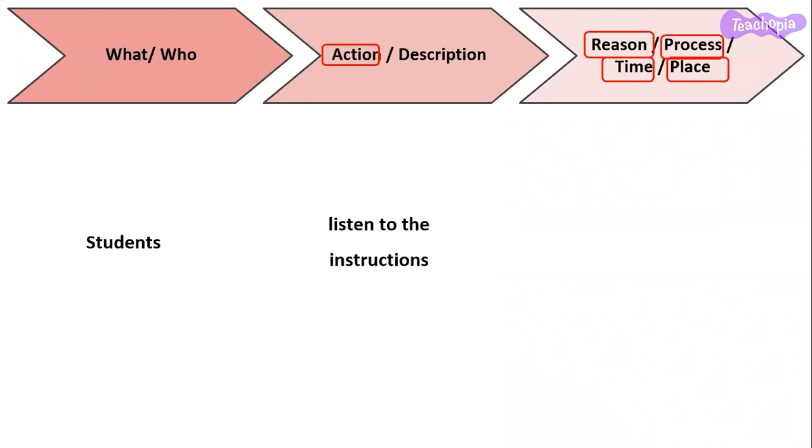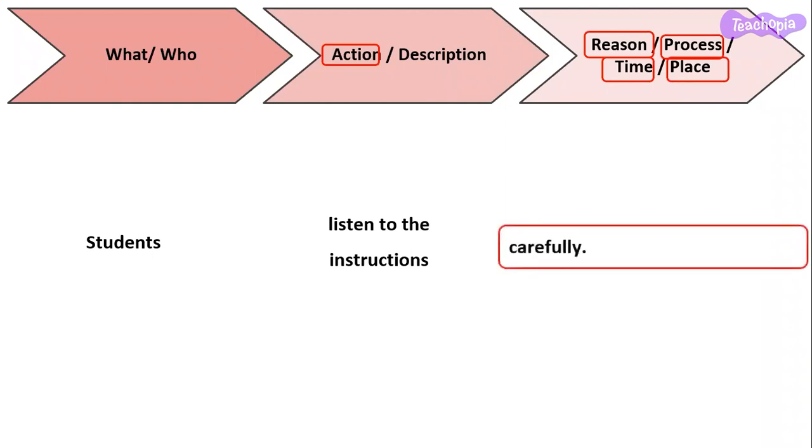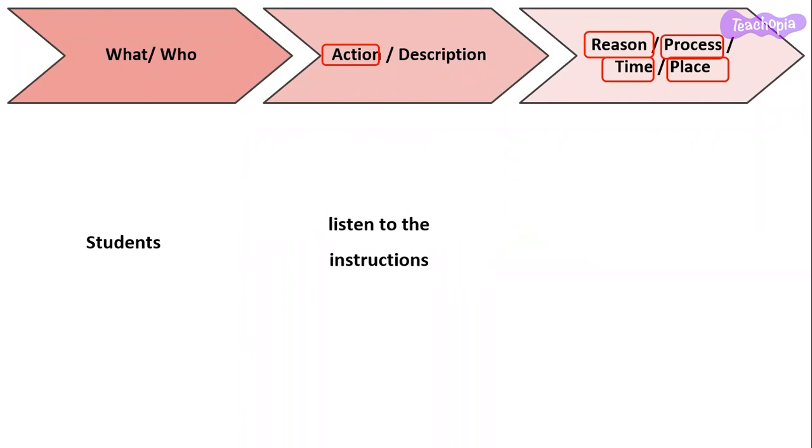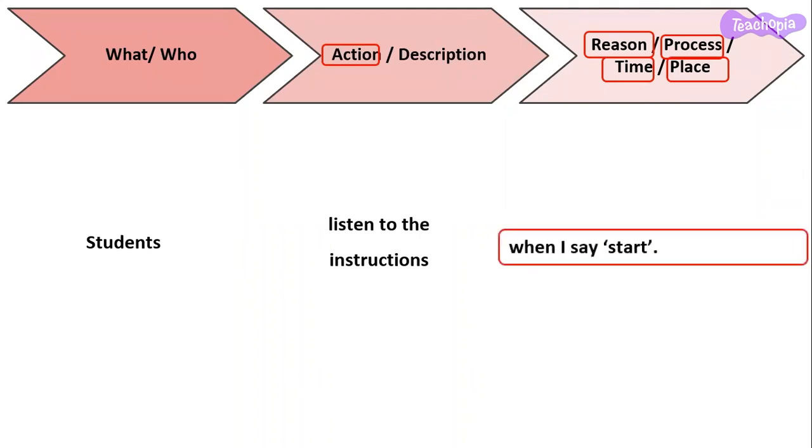If I want to give them information about the way they need to listen to the announcements, or the process, I will say carefully. So, students, listen to the instructions carefully. If I want to give information about the time they need to listen, I will say, students, listen to the instructions when I say start.